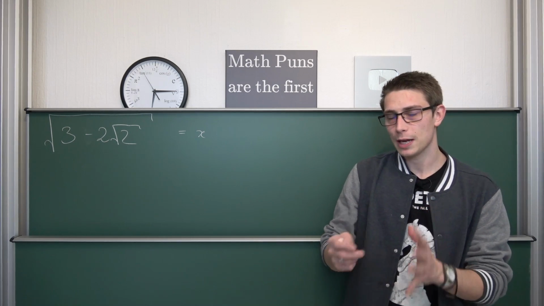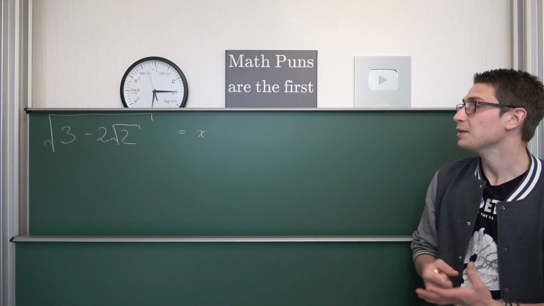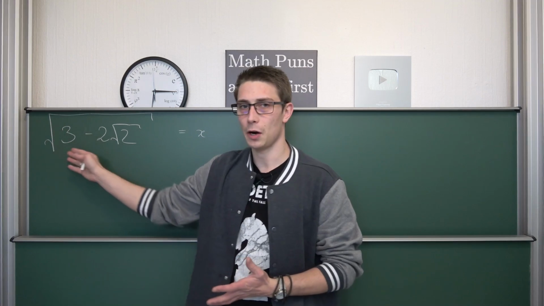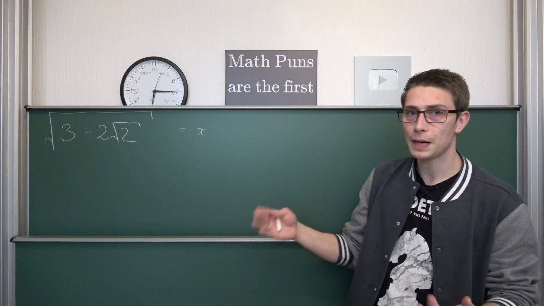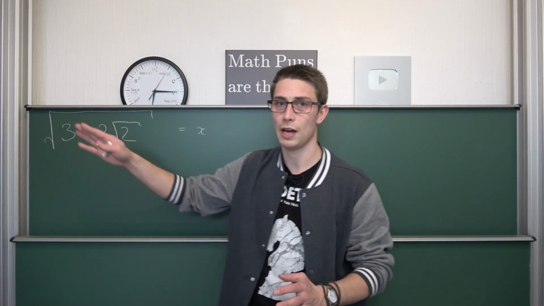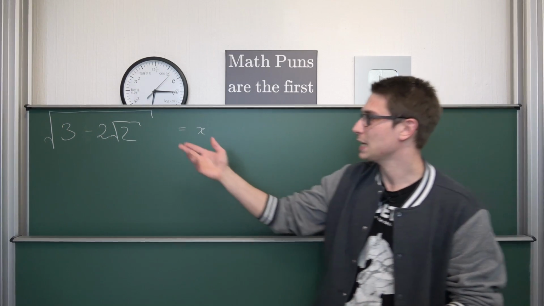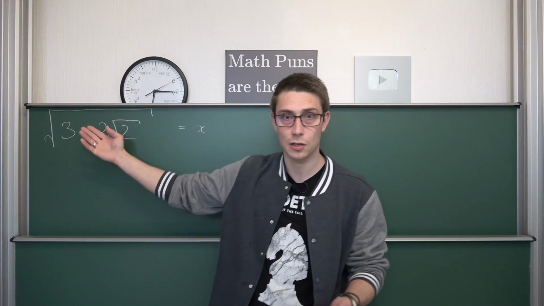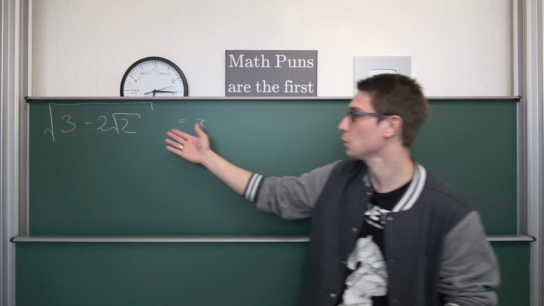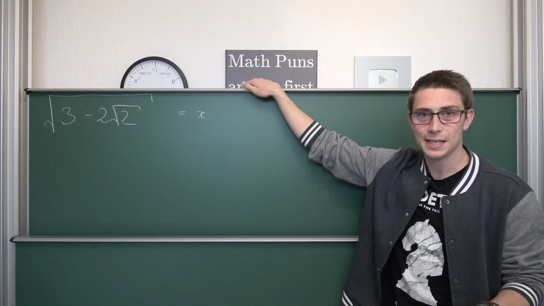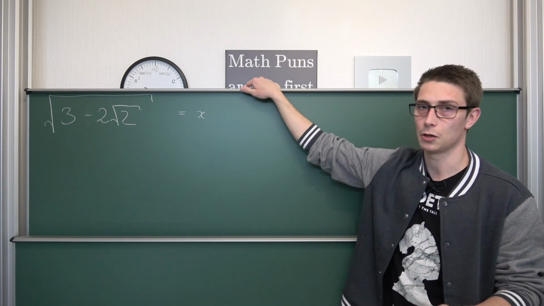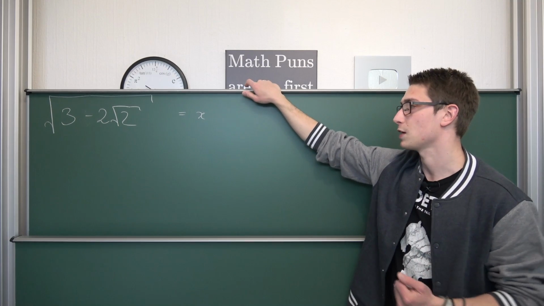But there's actually something way easier you could take a look at. What we have right here under our radical is actually a binomial theorem, you could say. You could complete the square on what you have down here, and the cool thing is if you take the square root of a perfect square, then you are going to get the absolute value of this thing out, which is quite good because this simplifies the expression a lot.